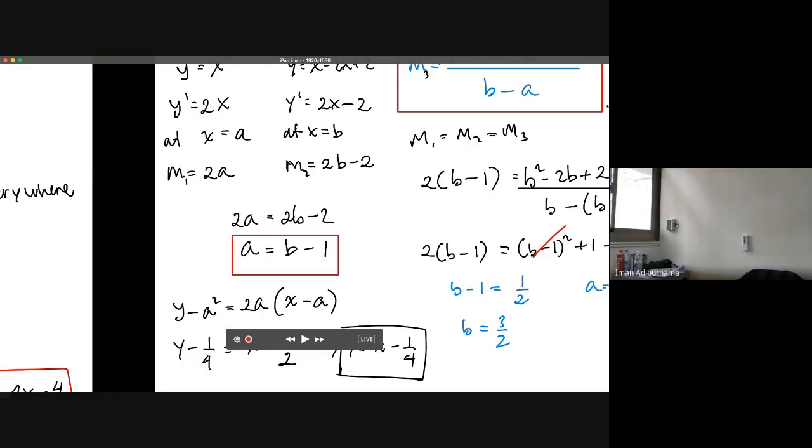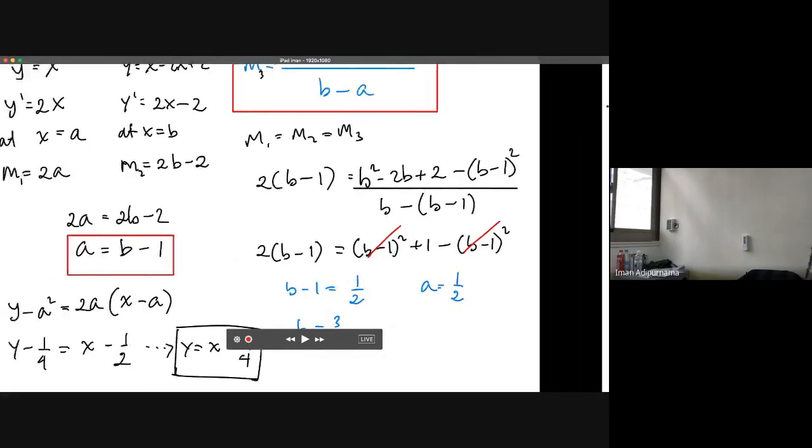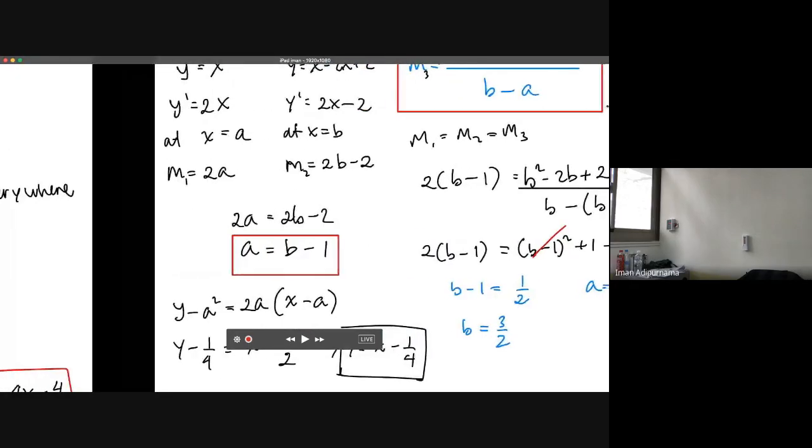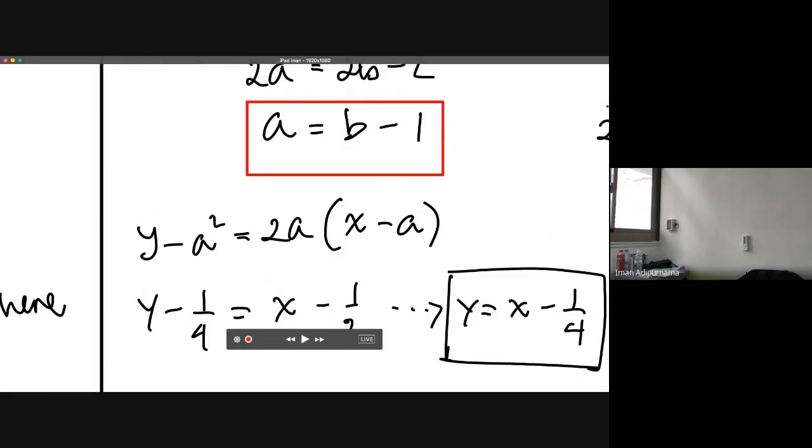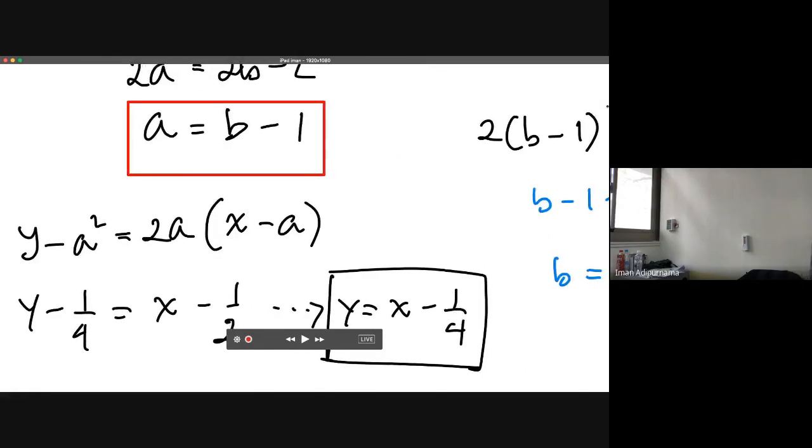Substitute all with a. We get a is a half. Substituting a half, y minus 1 over 4 equals x minus half. And then the answer is y equals x minus 1 over 4.